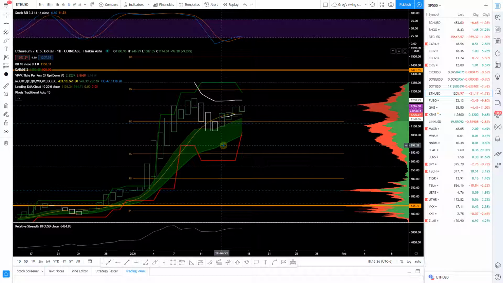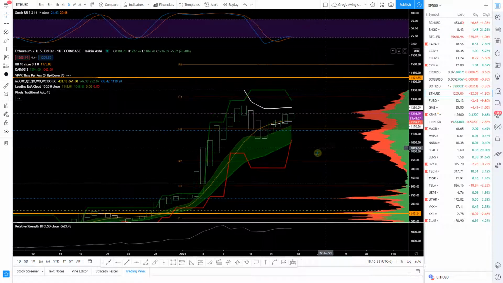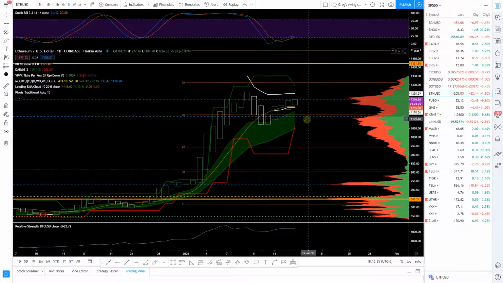I mean, unless you're just going to sell premium, trying to catch a move, it's not really worth it. So I just use it very simple, just to kind of give me an idea of what the trend looks like and if there's a support.